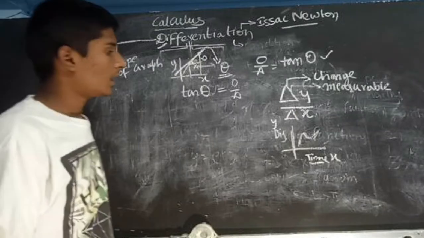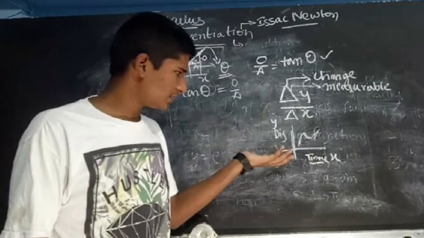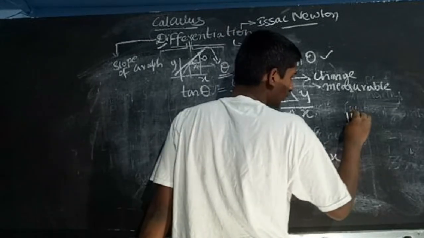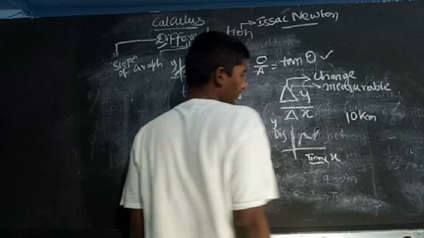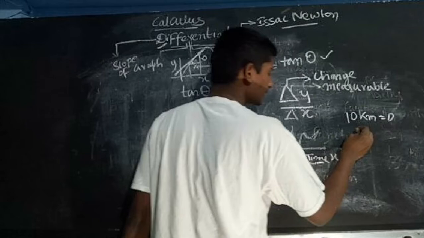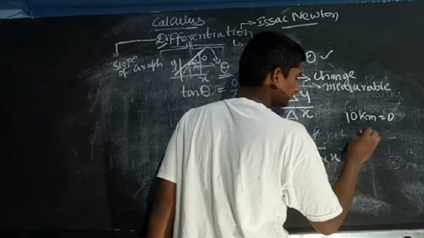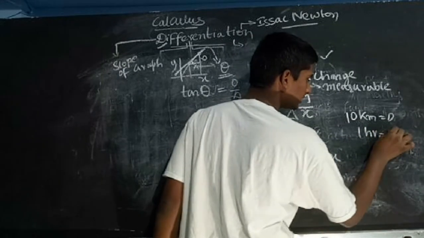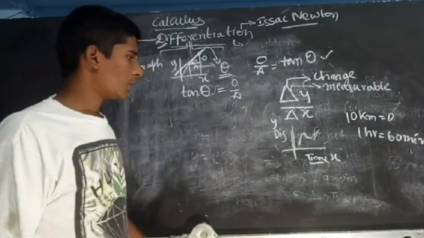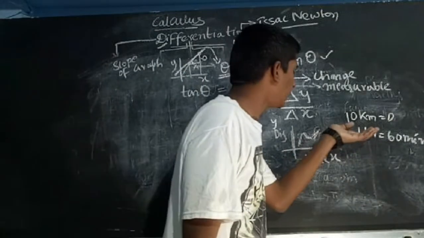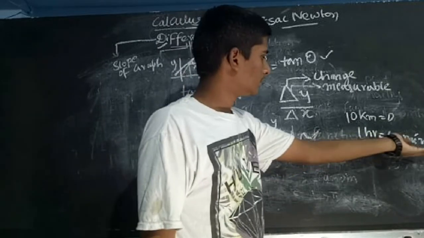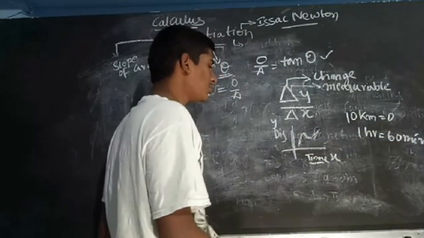Here they will give some distance, for example 10 kilometers is the distance, and time they will give as 1 hour. 1 hour means 60 minutes. So I took the distance part and the time part, and I have plotted this graph.